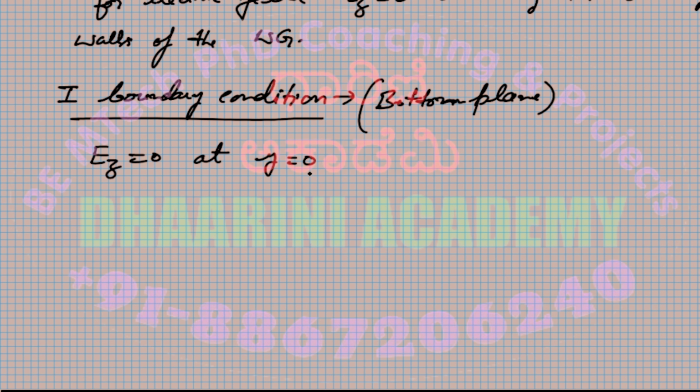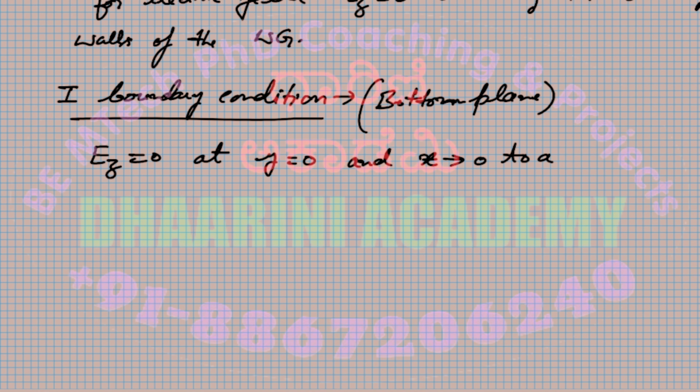Y is equal to 0 is one condition, and I have to talk about the x value. What can I write? 0 to a, not somewhere; we have a specific value, because the x-axis is only between 0 to a. We are very fixed about that. So you see, I got my first boundary condition: Ez is 0, y is 0, and x is between 0 to a, which means I am at the first boundary. Very simple, you understood.